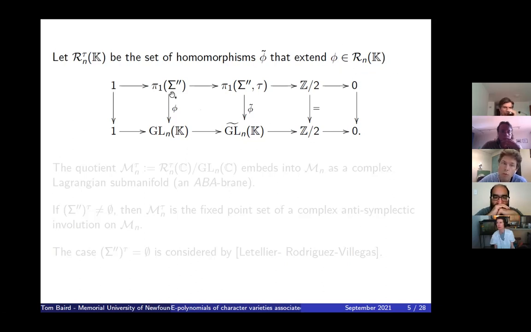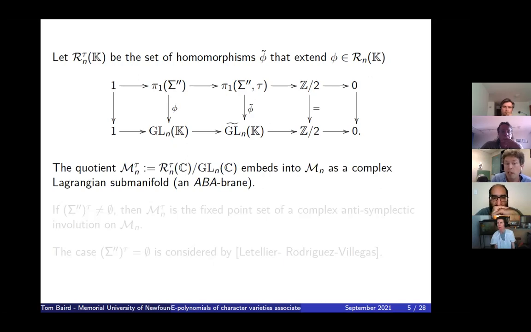Okay, so it's a homomorphism from pi1 to GL_n that sends the loops around the punctures to this element of the center. Okay. So I want extensions of that homomorphism to these extended groups. Okay, so the diagram here commutes. Okay, so this is the class of homomorphisms.